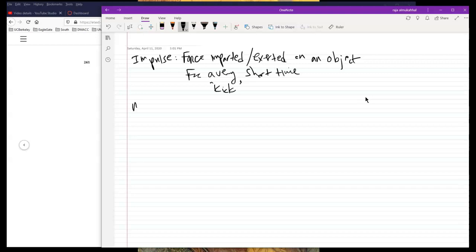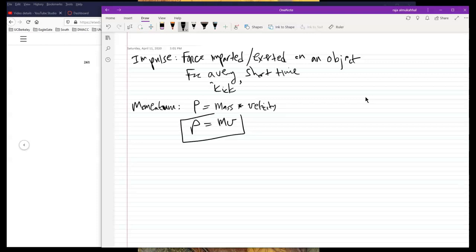All right, momentum, however. The symbol for momentum is P, okay? I'll come back to that, but it's P. P is equal to the product of the mass times the velocity. This is called momentum, mv.